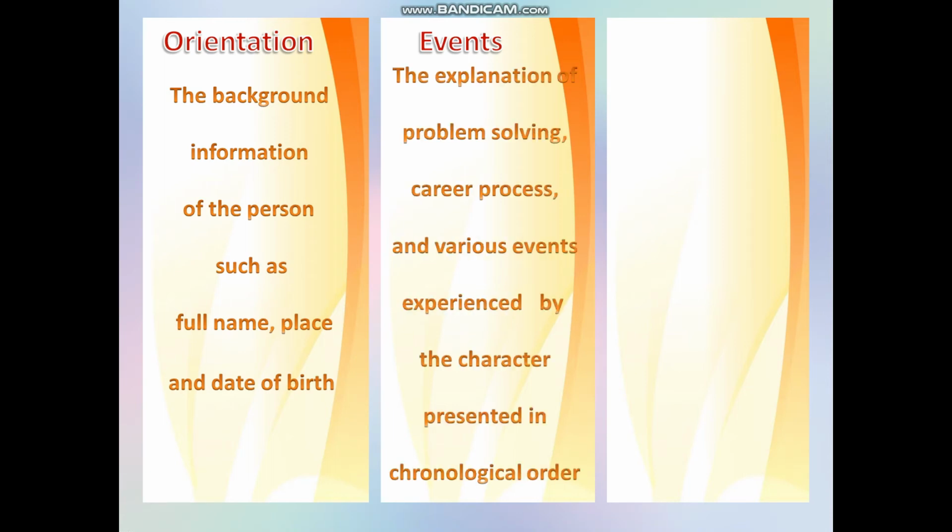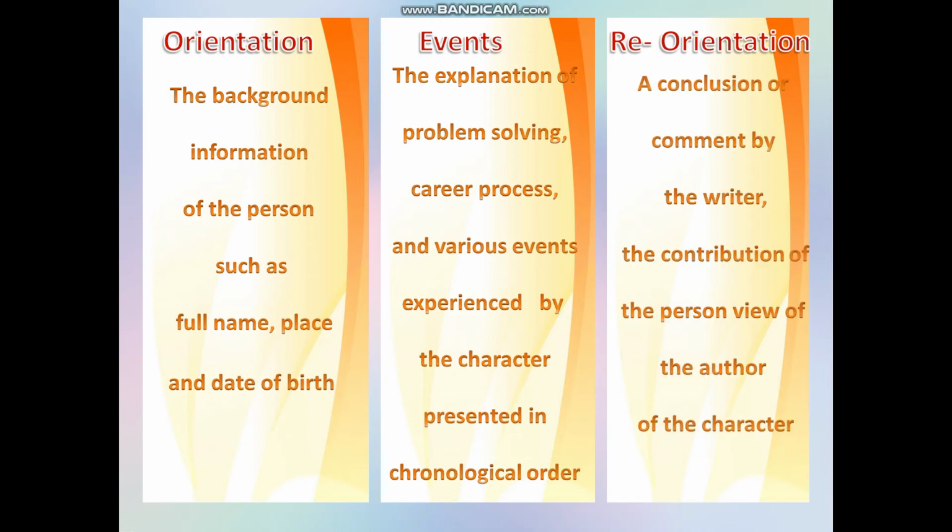Events explain problem solving, career process, and various events experienced by the character presented in chronological order. Reorientation is a conclusion or comment by the writer, on the contributions of the person and the view of the author of the character.